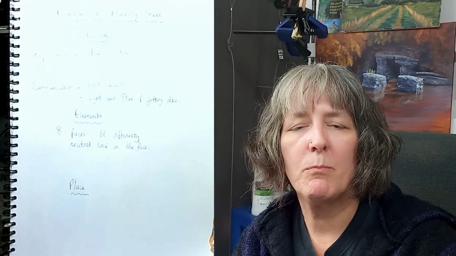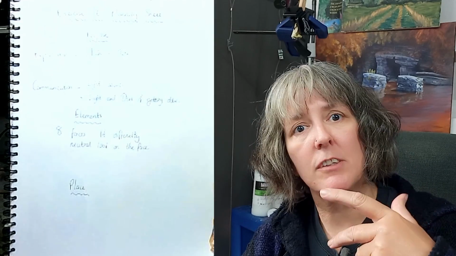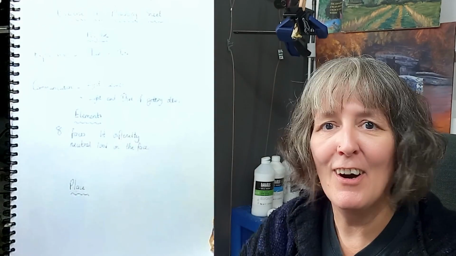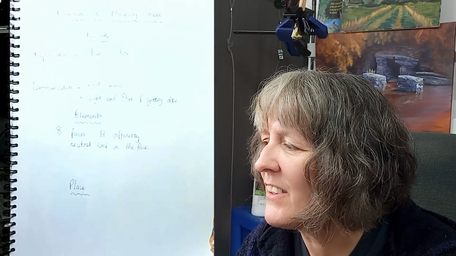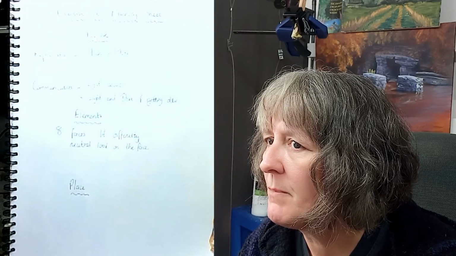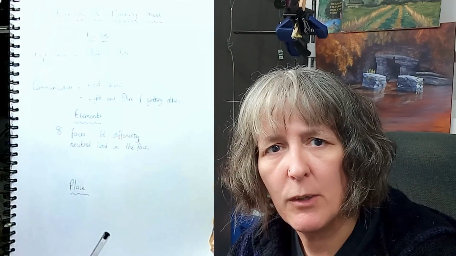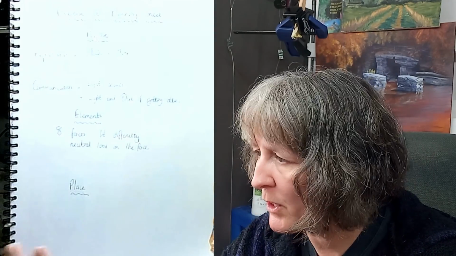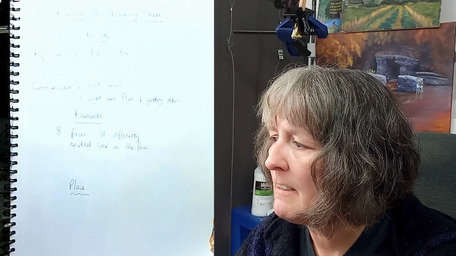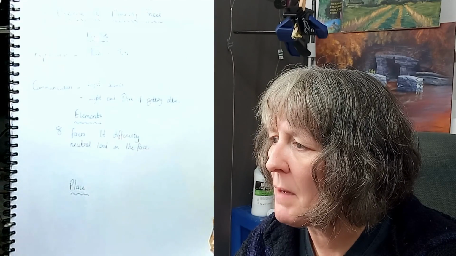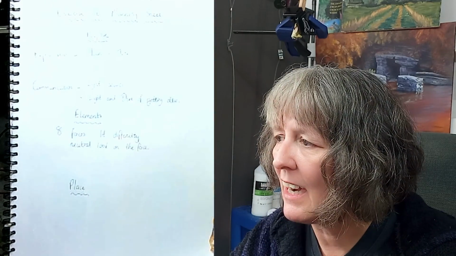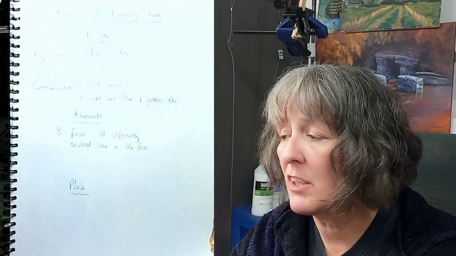I did try and play with the idea of doing different expressions on the face, but I thought no, my main is going to be tone. That's going to be my main focus, so I just did neutral. And it was about the light and dark, not the expression on the face.